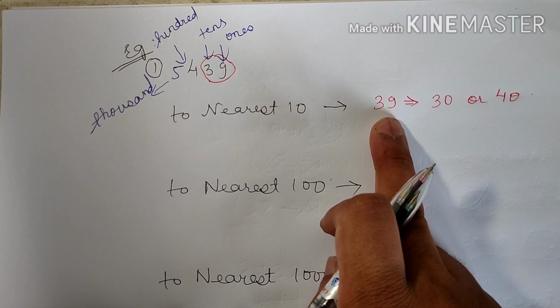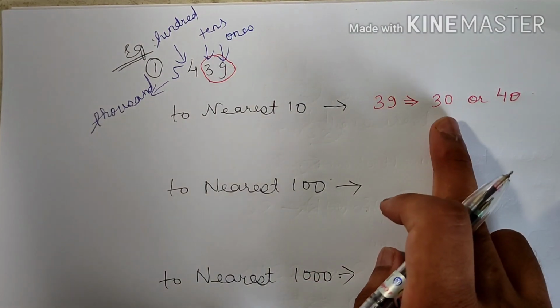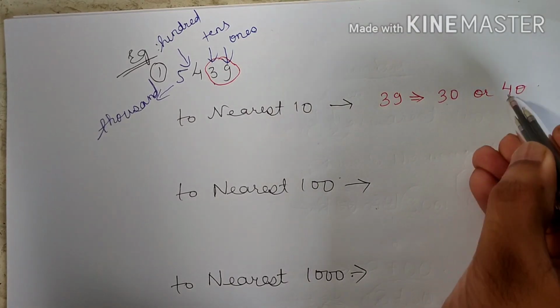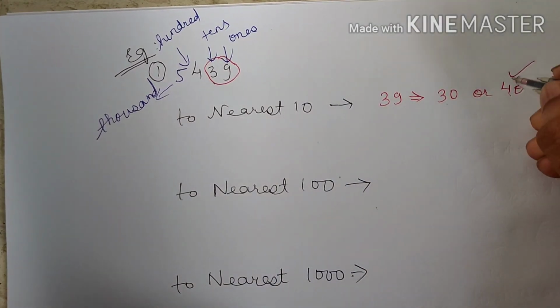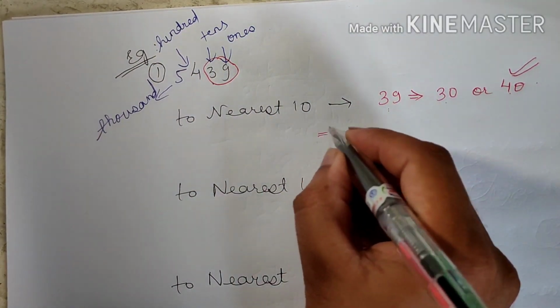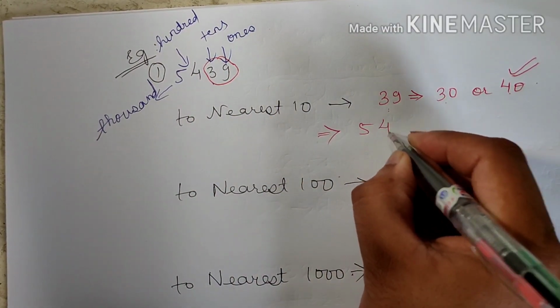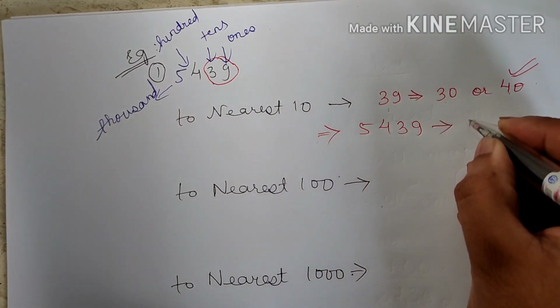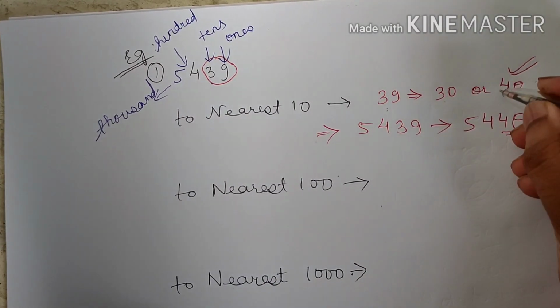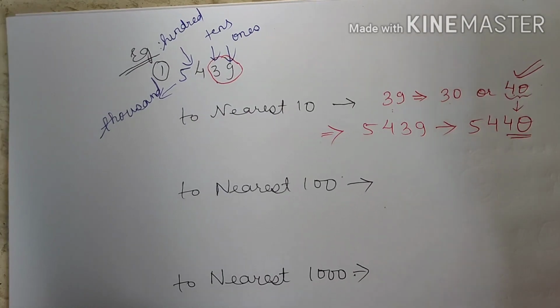So this 39 is lying between 30 and 40. Now finally, which will be nearer, 30 or 40? Obviously 40 will be nearer to 39. So how will you change this number? For the nearest 10, the answer will be 5439 written as 5440, because this 39 is replaced by this 40.